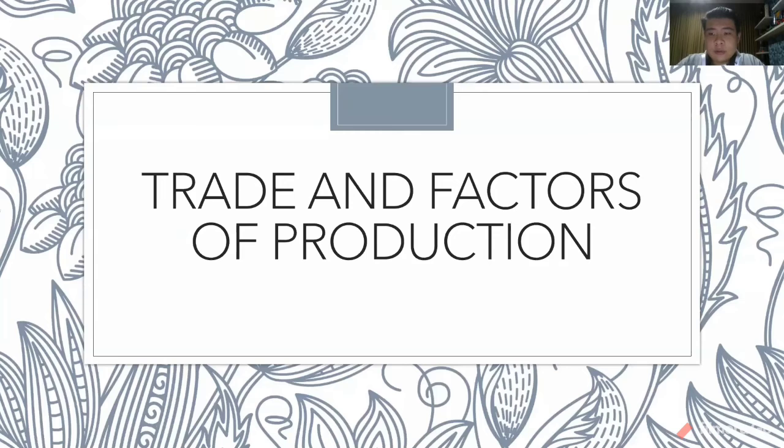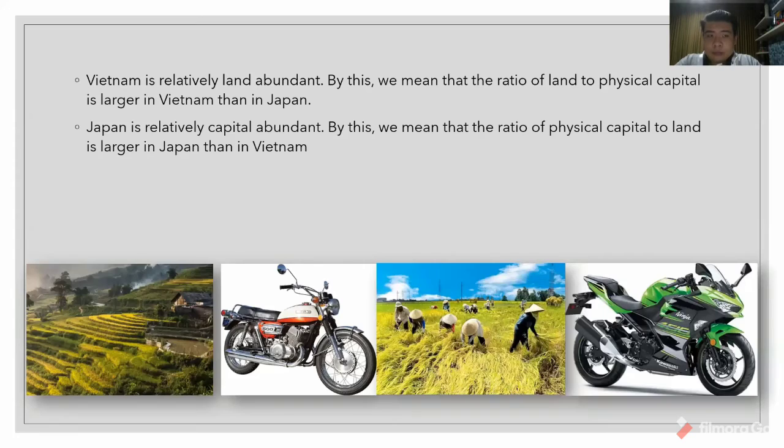So the next one, I will explain about the trade and factors of production. Vietnam is relatively land abundant. By this, we mean that the ratio of land to physical capital is larger in Vietnam than in Japan. The relative abundance of land gives Vietnam a comparative advantage in producing the land-intensive good, for example rice. And then Japan is relatively capital abundant.